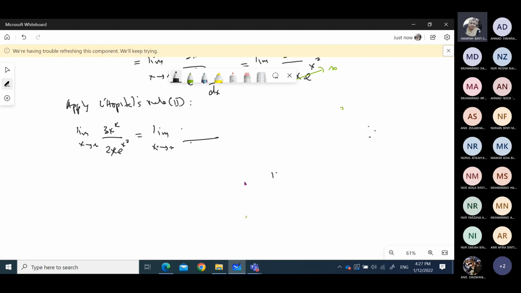So we have the limit as x approaches infinity of 3x over 2 exponent x squared.